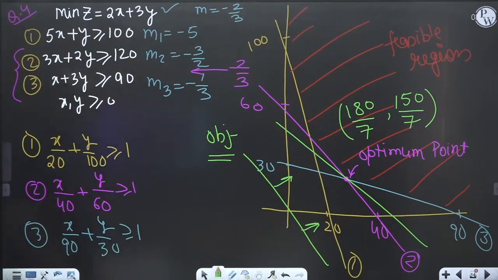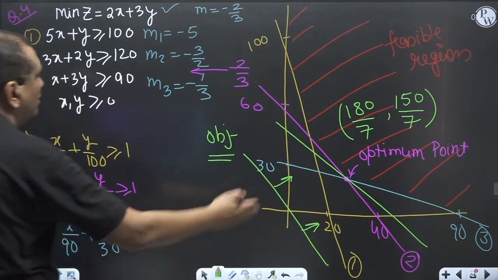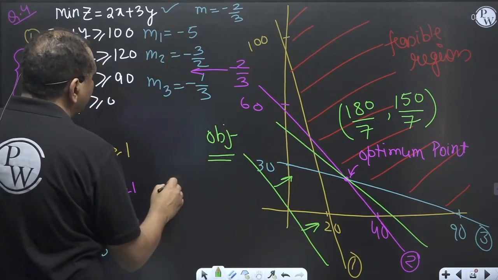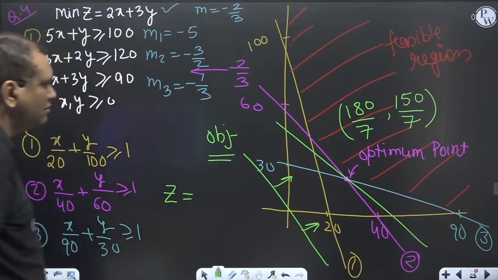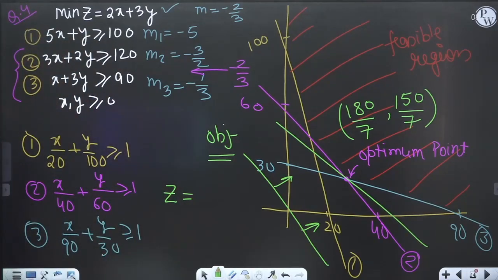This is the optimum point. And this value, if you put in the objective function, it will be 810 by 7.